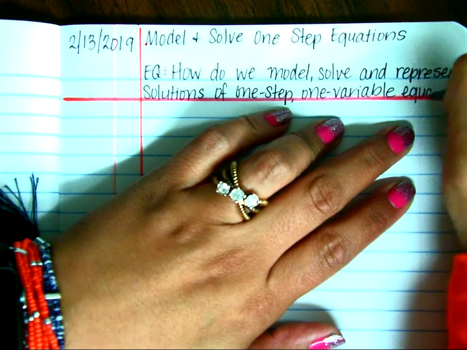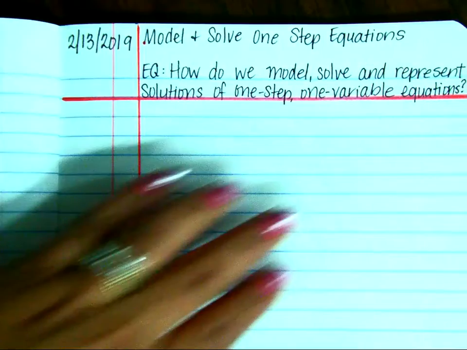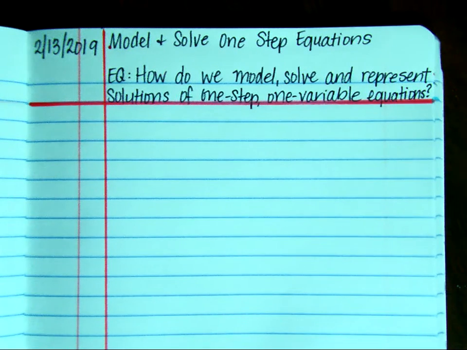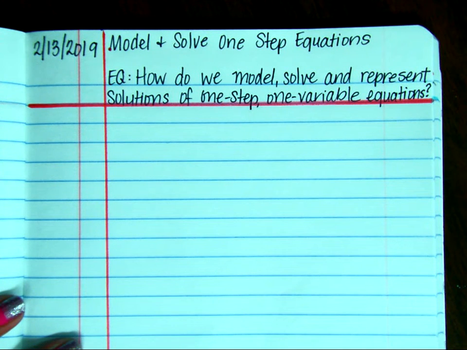Now I have written a little bigger. Okay, let's make sure that you see that. How do we model, solve, and represent solutions of one-step, one-variable equations?